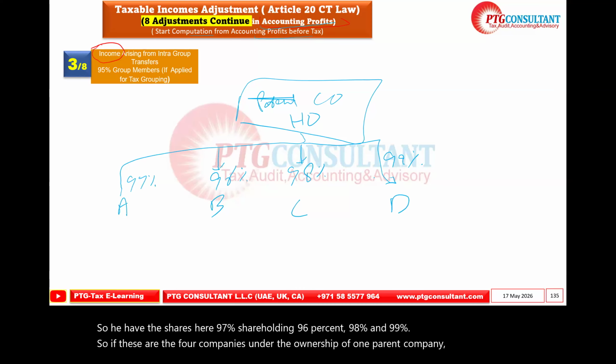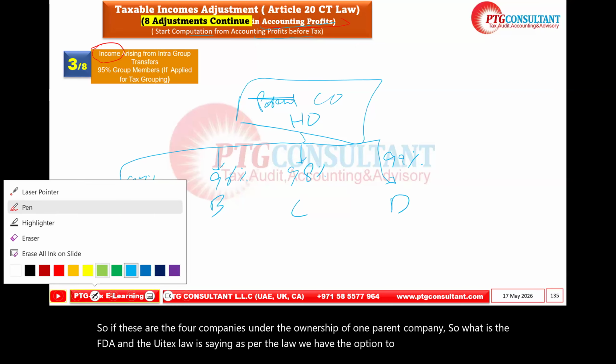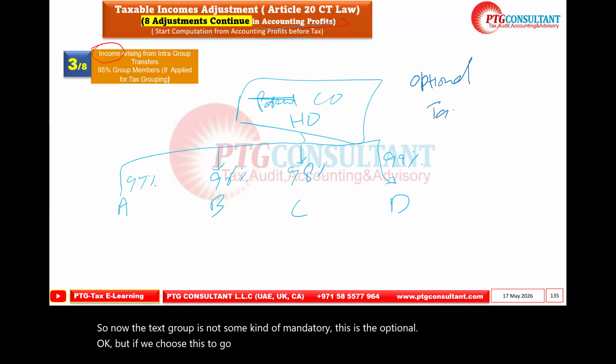the UAE tax law saying? As per the law, we have the option to make a tax group. The tax group is not mandatory, it is optional. If we choose to go for the tax group, what will be the advantage and the disadvantage?